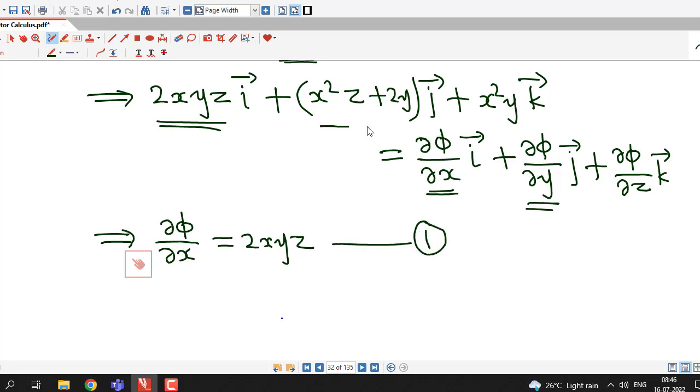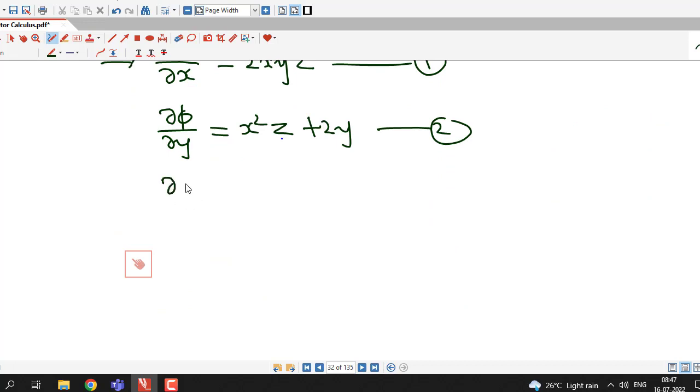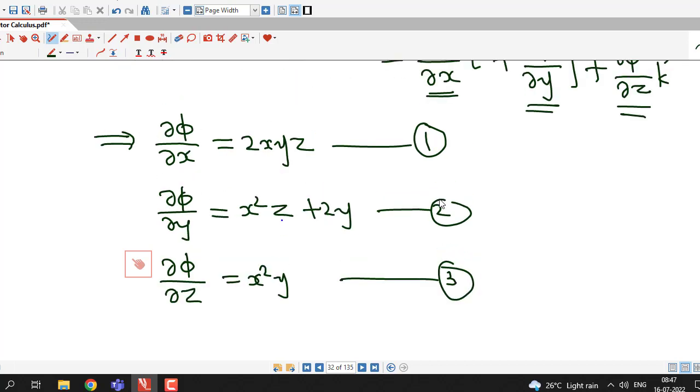Similarly, the jth components are equal: del phi by del y is equal to x² z + 2y, and del phi by del z is equal to x² y. So we have obtained three first order partial derivatives of the required scalar function phi, and we are interested in the value of function phi of x, y, z.